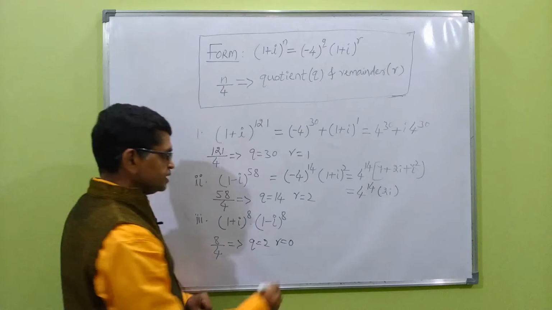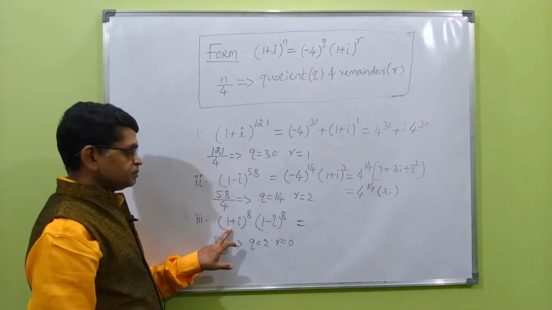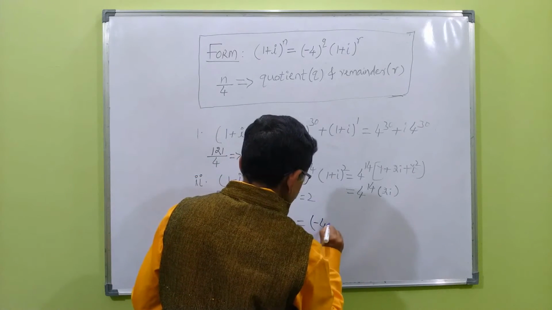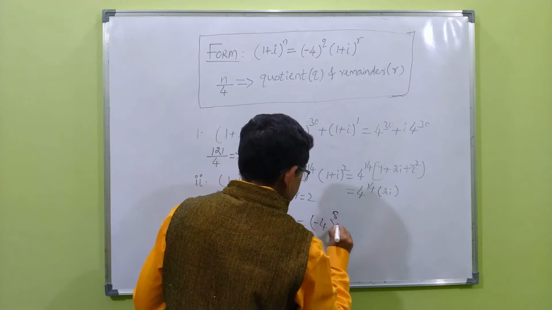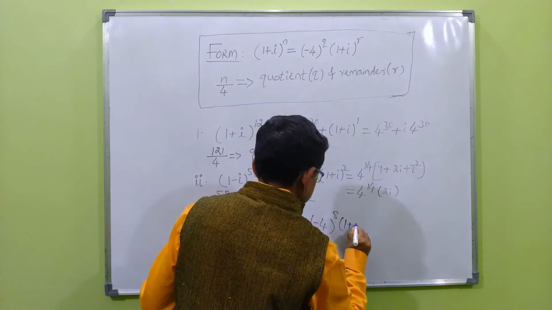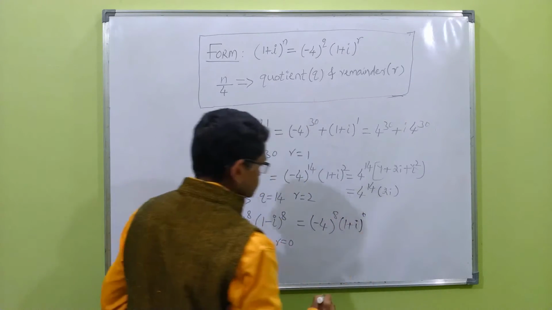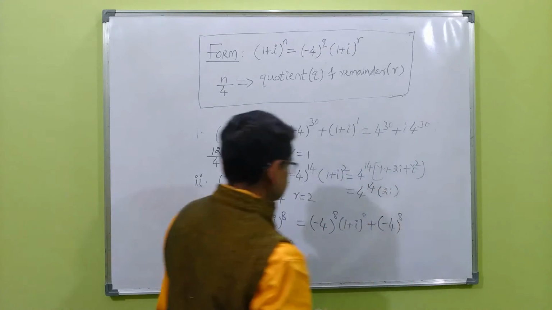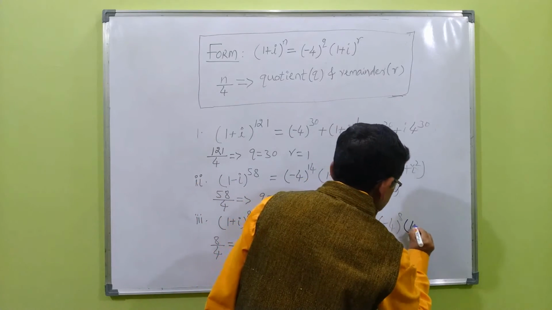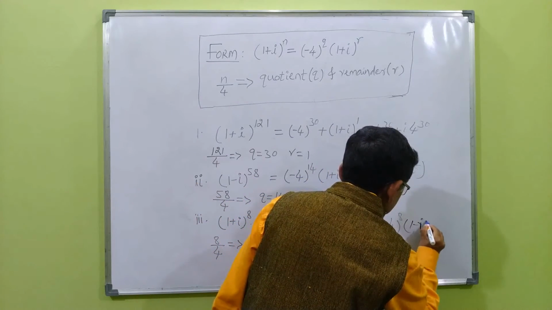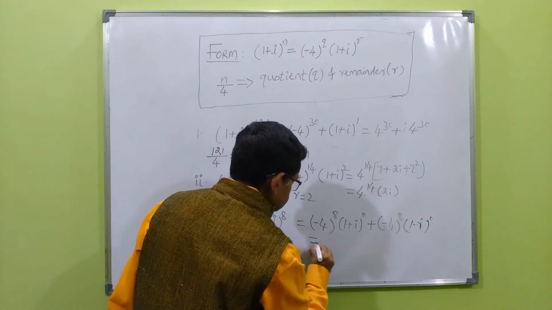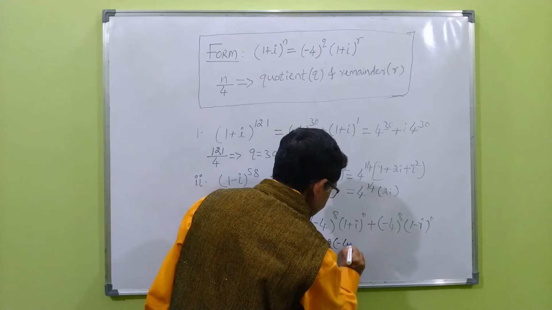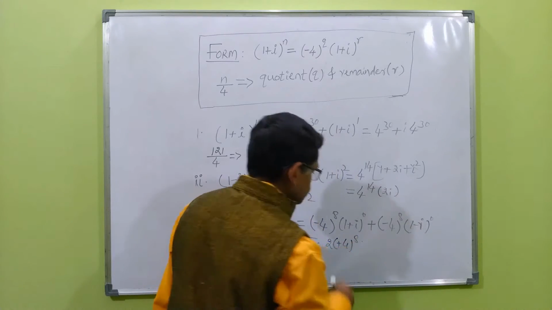So the answer for this will be (minus 4) raised to 2 into (1 plus i) raised to 0 plus (minus 4) raised to 2 into (1 minus i) raised to 0. So the answer is 2 times minus 4 raised to 2, or plus 4 raised to 2.